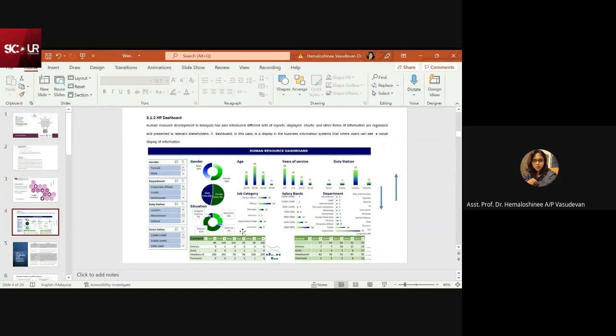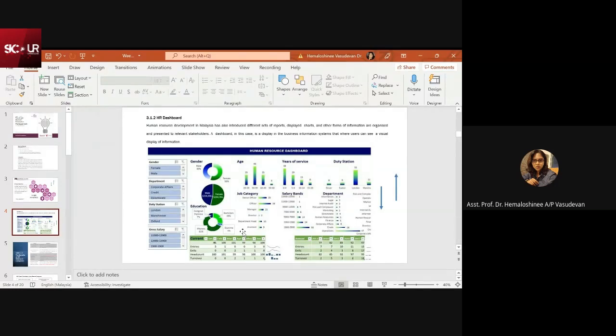Okay, so here is the HR dashboard. When you look into the human resource dashboard, they have gender, they have analysis for their own reports. They will look into gender, education, age, job category, years of service, duty stations, department.